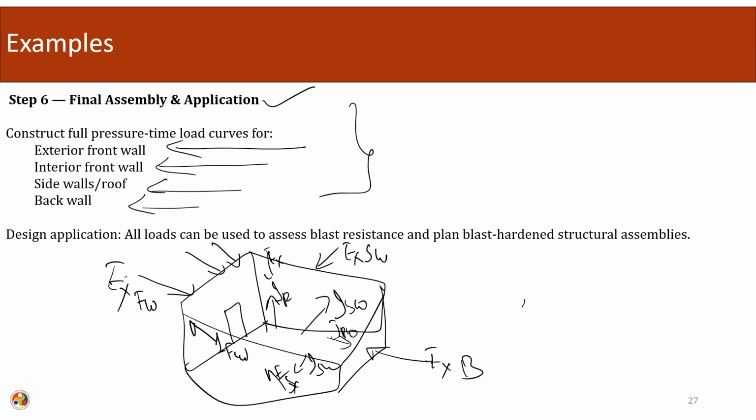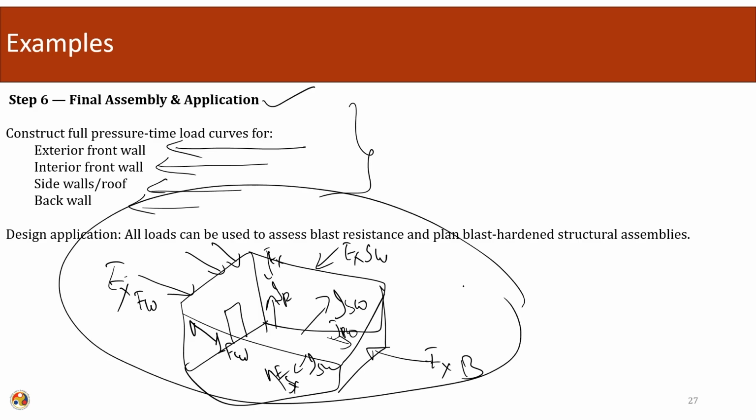So, all these pressure quantities we have. If there is an opening, the interior quantities will be present. If there is no opening, then the interior quantities will not be present.